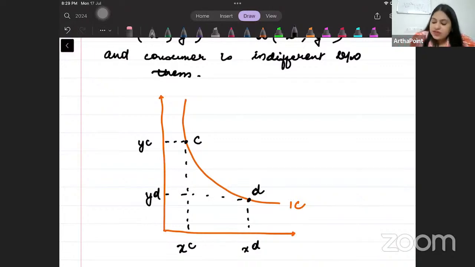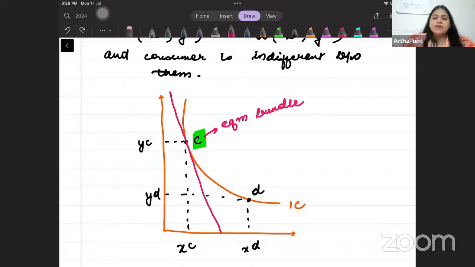But if C has to be the equilibrium bundle, तो tangency C के through होगी ना, ऐसे होगी ना, whatever C point is, this will be your tangency. ये budget line होगी. तो budget line को मैं interconnect कर दूं.